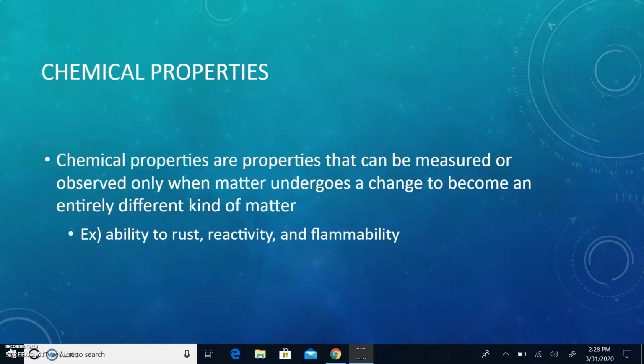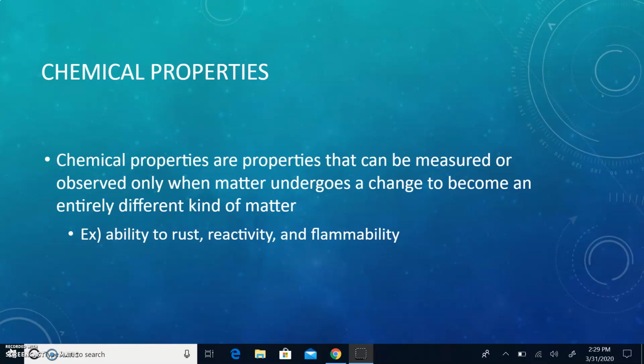Okay, there's a lot to take away from that, but what I want you to understand is that in order for something to be a chemical property, you have to be able to observe it occurring, and you have to see that the substance actually changes to a different substance. Okay, this is different from our physical properties.